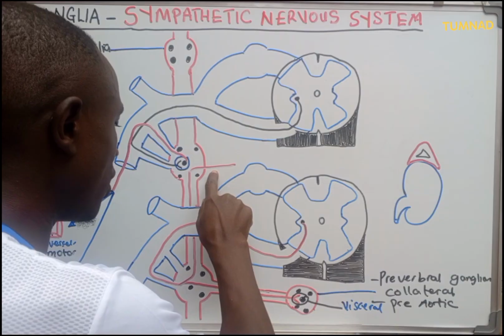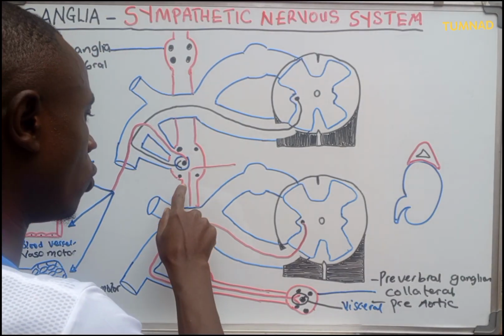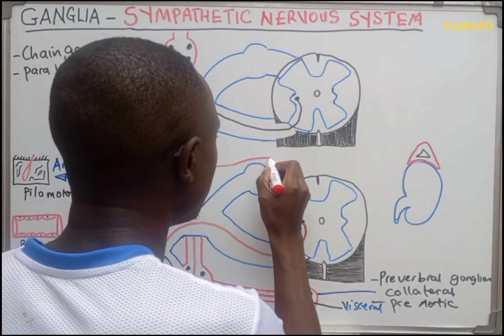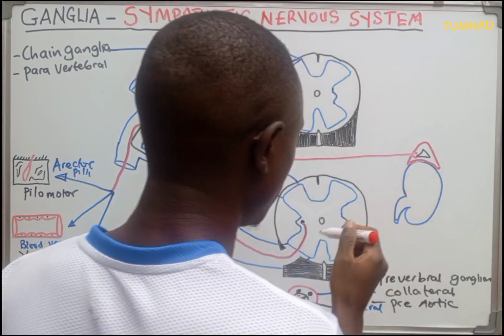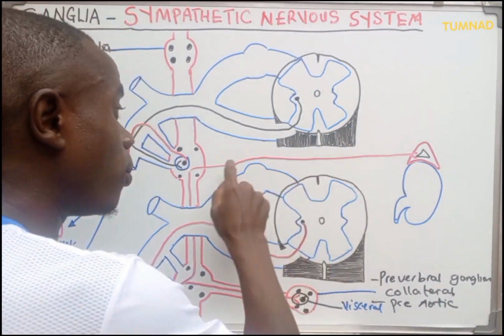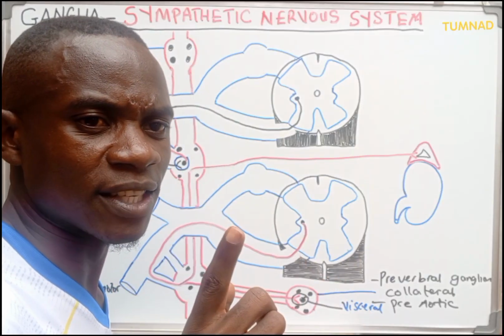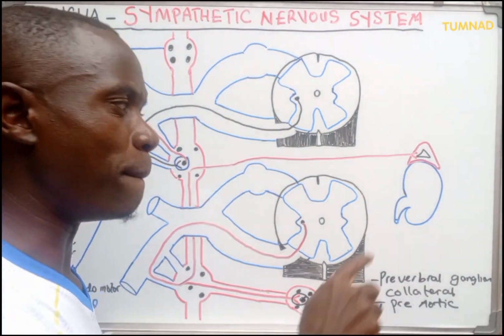Now, this one here is still a preganglionic motor fiber. It moves and moves, and goes to this structure. It is still a preganglionic motor fiber of the sympathetic nervous system, and it innervates what we call the adrenal medulla.